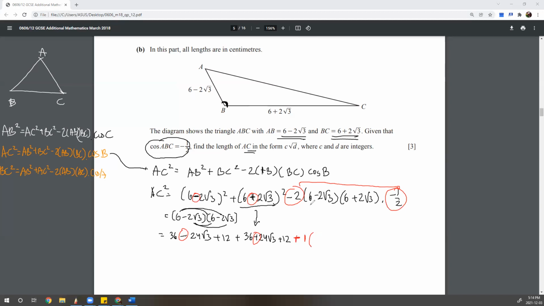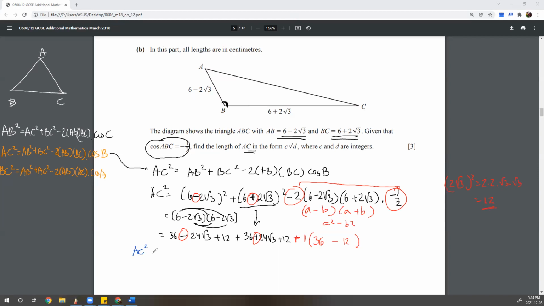Here I have the pattern a minus b times a plus b, so a square minus b square. 6 square is 36, minus b square. 2 square root 3 square is 2 times 2 times 3, or square root 3 times square root 3, which becomes 12. Done.